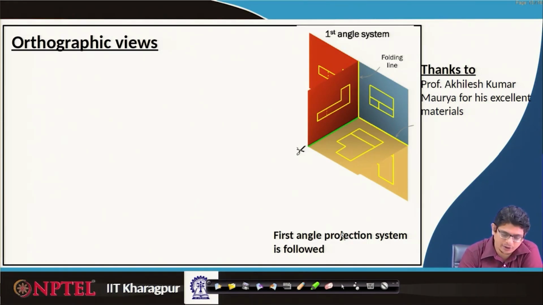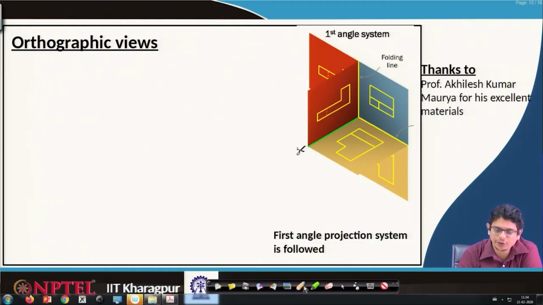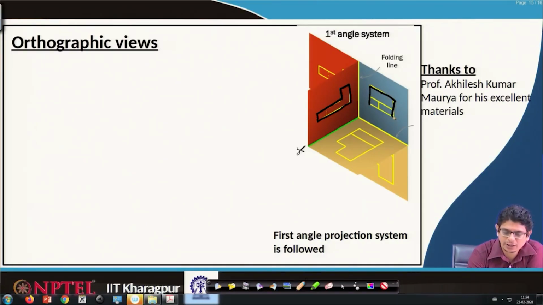So, here on the drawing sheet, using the first angle projection system, we are going to construct these views. The object is kept somewhere in the middle, and after projections we got orthographic views in that way. Similarly, the side view we got is this one, and the top view we got is in that way.